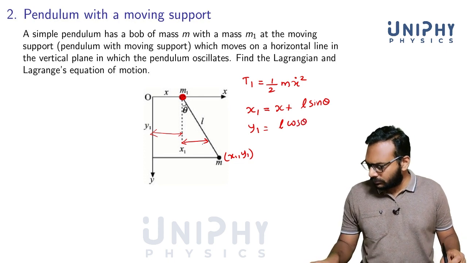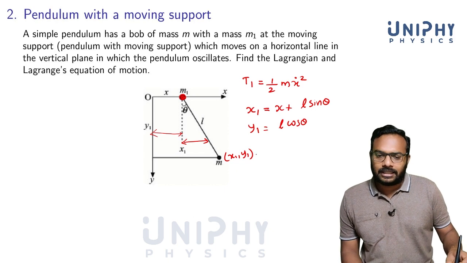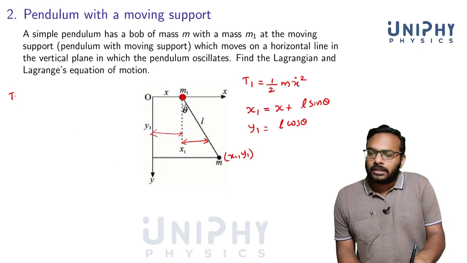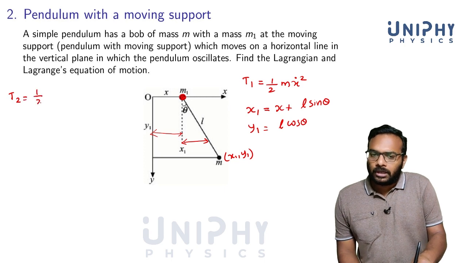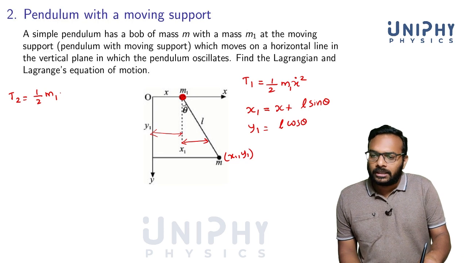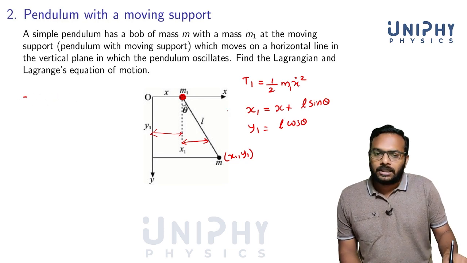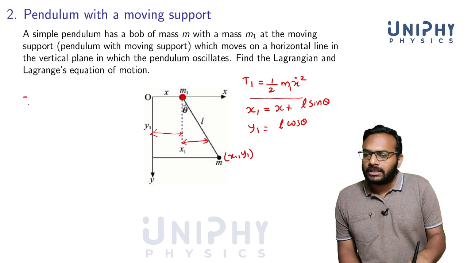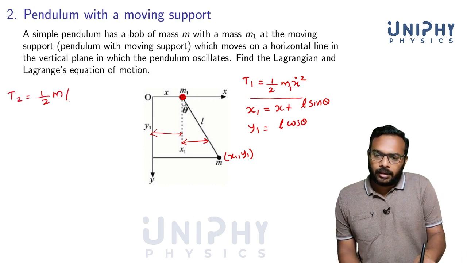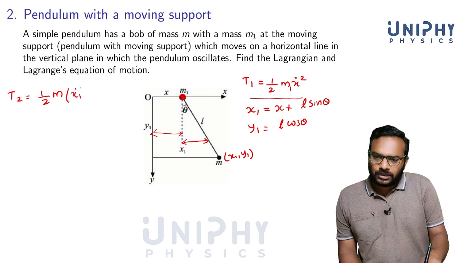All right. Okay. Now we can find the kinetic energy T2. Let me write here. So T2 is equal to half m1. Sorry, this is T1. So we need to find T2. So that's half m times x1 dot square plus y1 dot square.